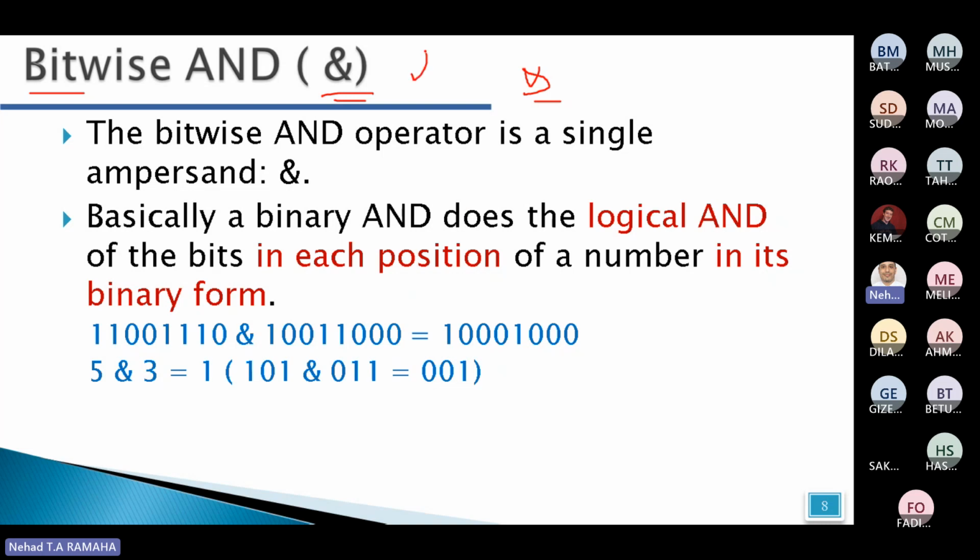So if you say if, for example, x and y, it will not do any comparison. It will do the bitwise operation, and after this, if the result is equal to 0, then it's false, else it will be true.